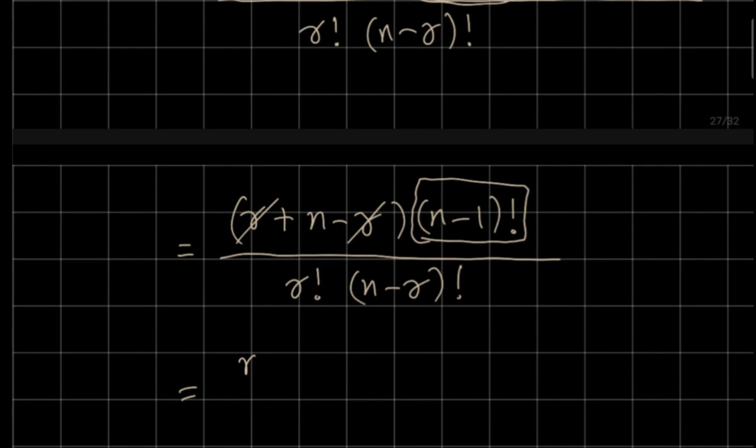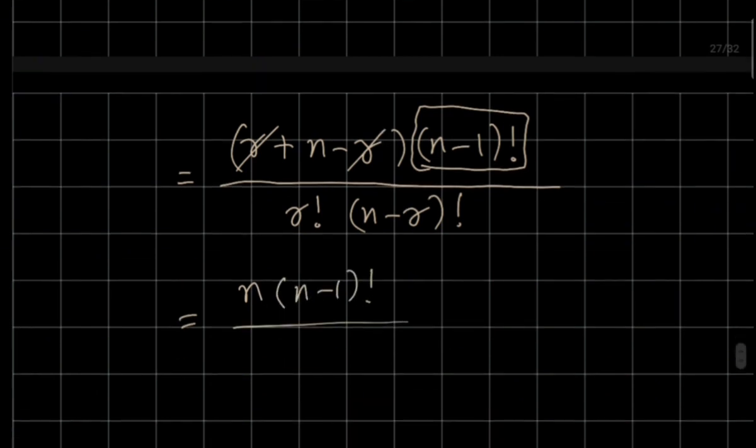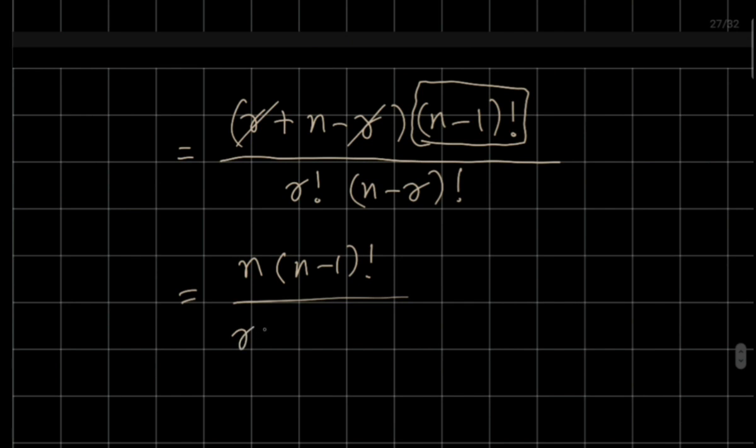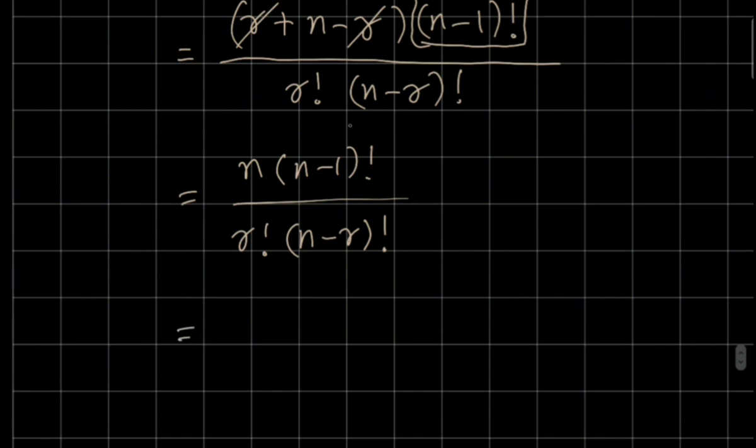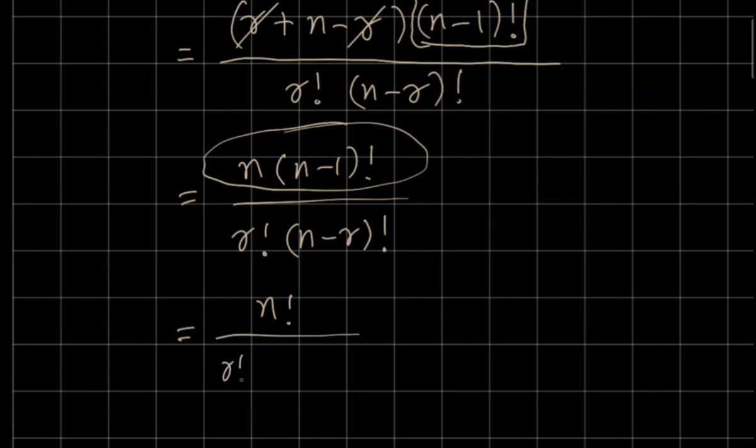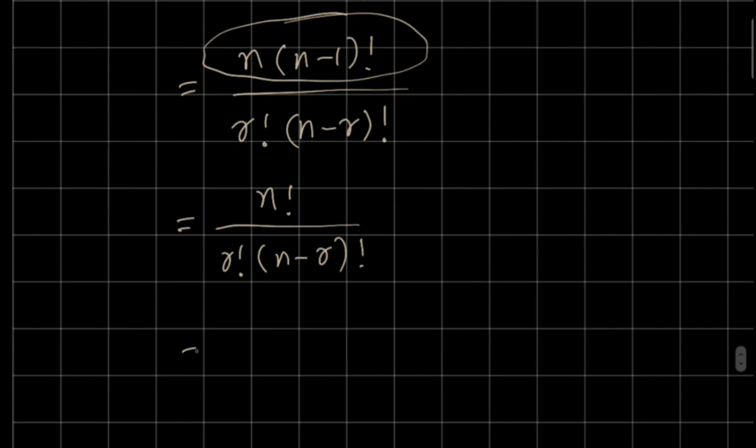You will get n times n minus 1 factorial, and in the denominator r factorial n minus r factorial. What is this? This is the factorial of n. This is r factorial n minus r factorial. What is this? This is the formula for nCr. So we have proved it.